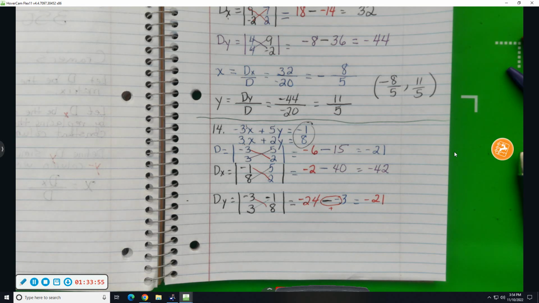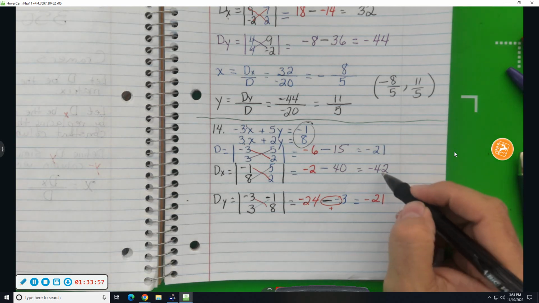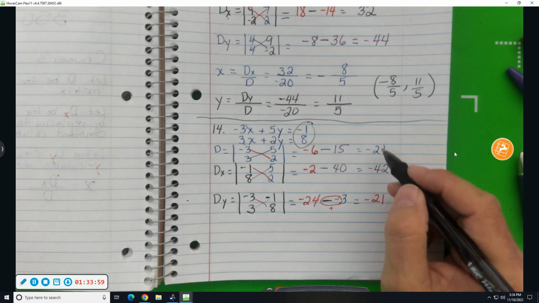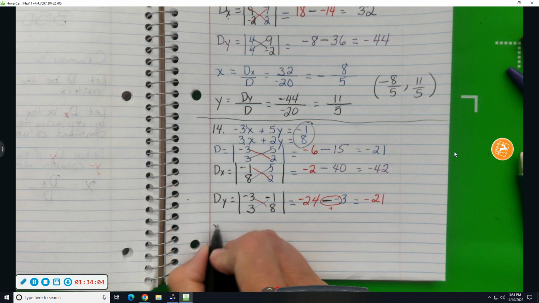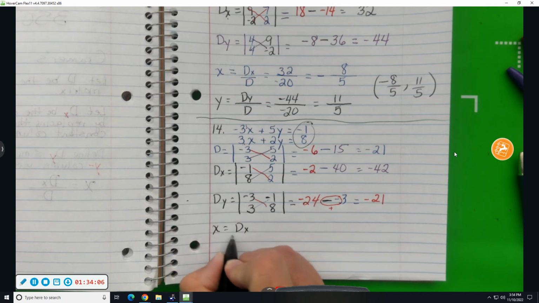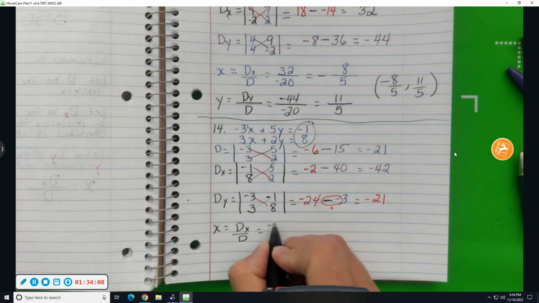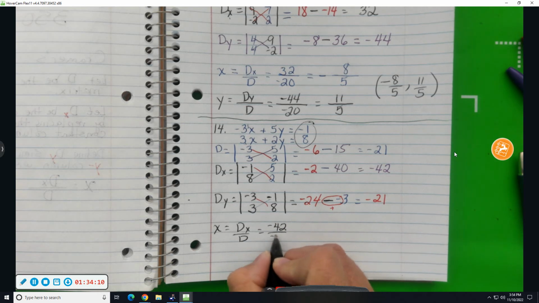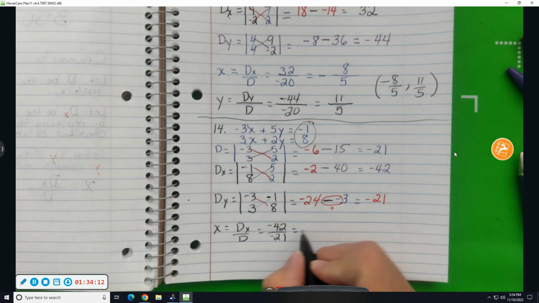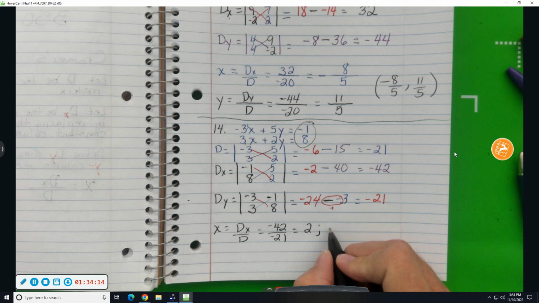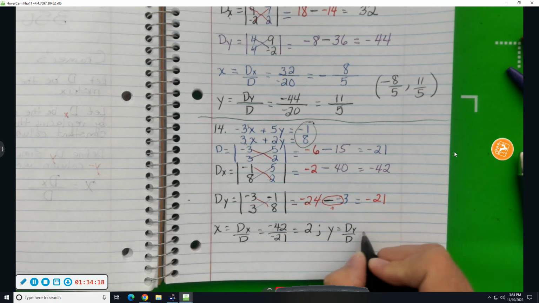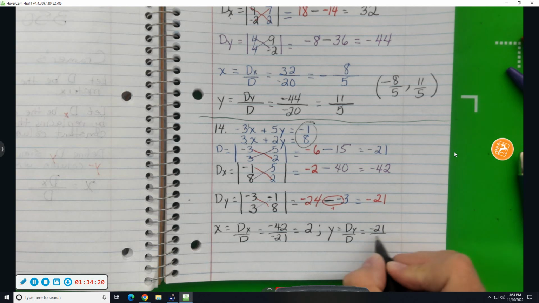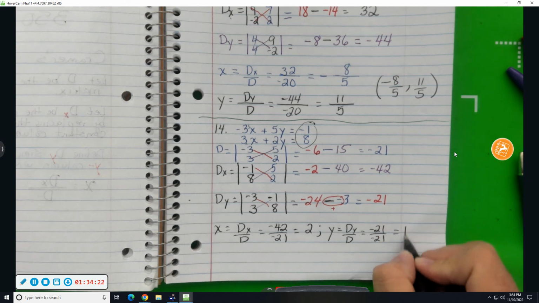Did y'all follow my adding and subtracting and multiplying to get these numbers? So x is D subscript x over D, -42 over -21, which is 2. Then for y, it's D subscript y over D, which is -21 over -21, which is equal to 1.